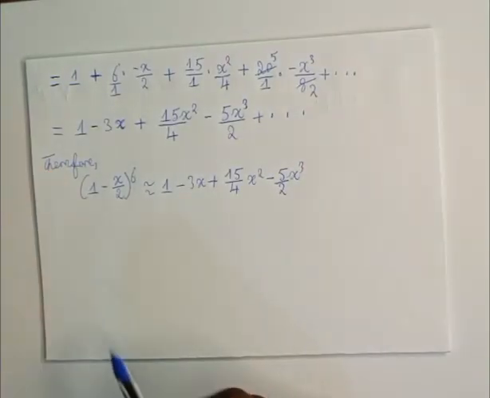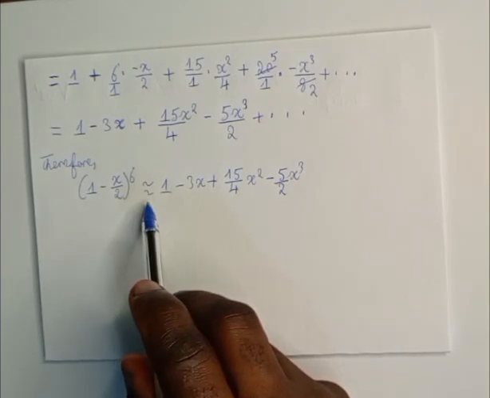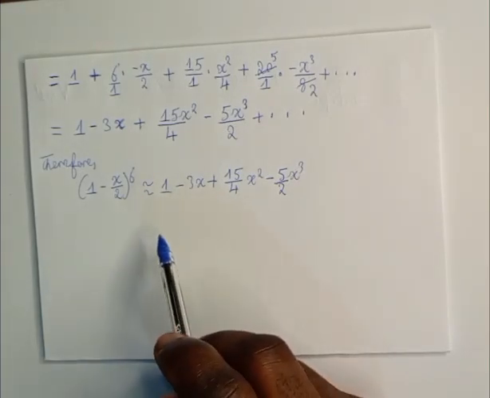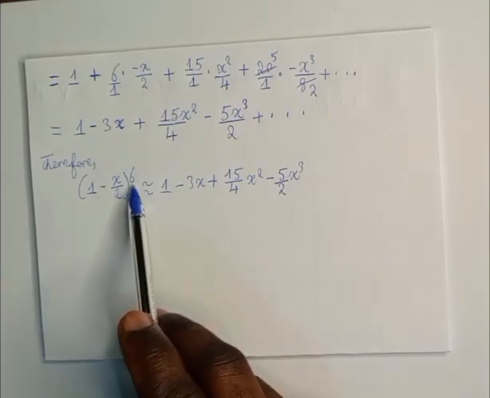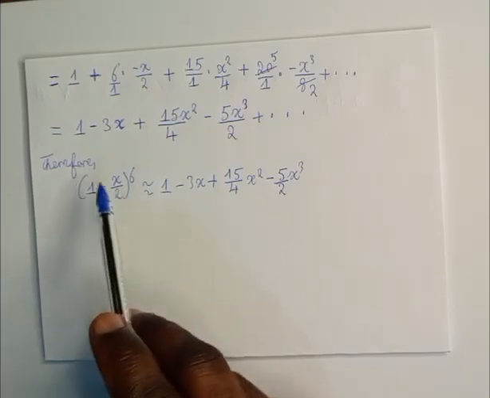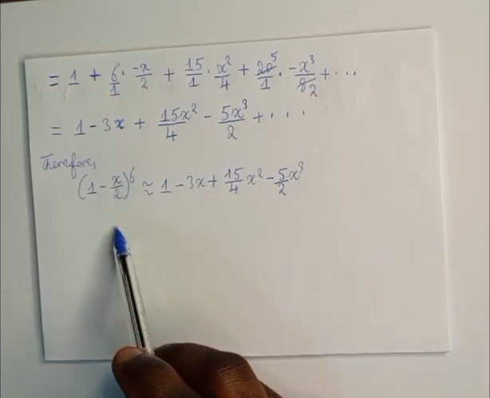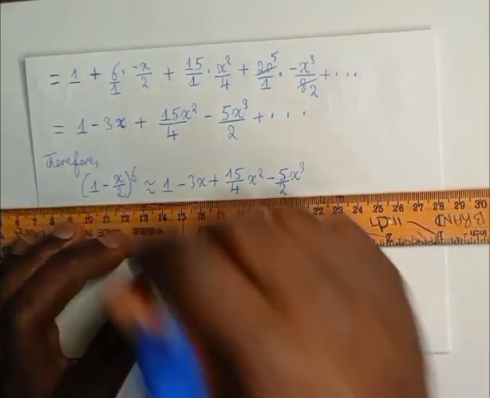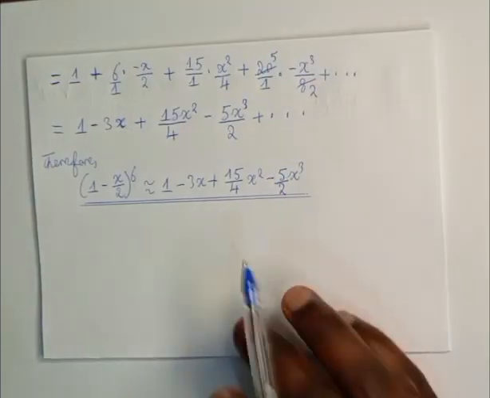The reason why we are putting this approximation sign is simply because other terms have been left out. Remember, n here, the power is 6. That means this binomial expansion has 6 plus 1 terms, which is 7 terms. Let's underline the expansion.